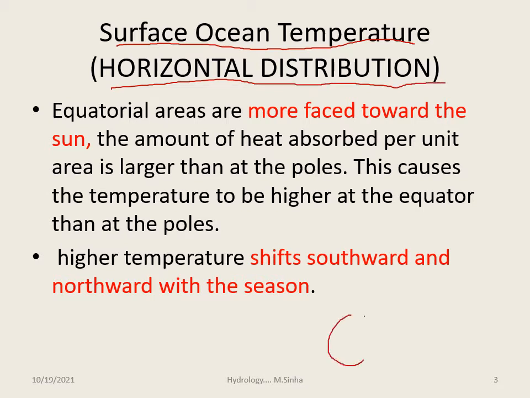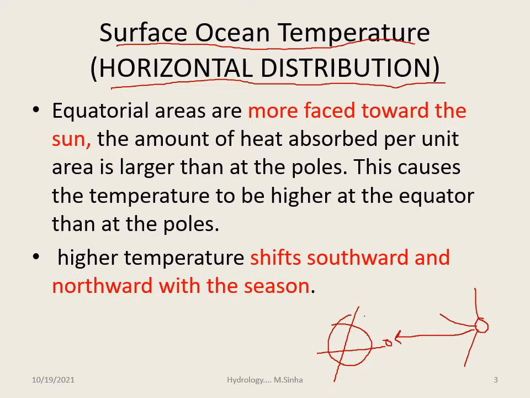Normally, we are all familiar that suppose this is the earth and this is the equatorial zone. The equatorial zone or the low latitude zone receives more insolation, more EMR, because the sun's rays reach the equatorial region almost perpendicularly, at an angle of 90 degrees.